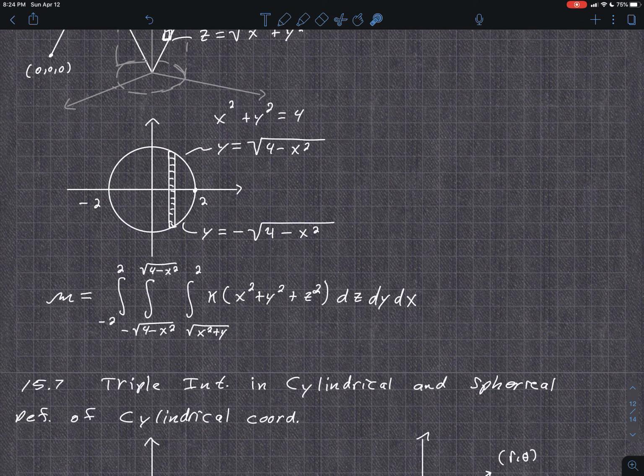Remember, your outside is x equals negative 2 to x equals 2 as you go across. And you can put them down in the limits if you want to remember the order. And that order will change a little later, when we're going to go different directions. We're going to go side to side first, and it'll change up a bit.